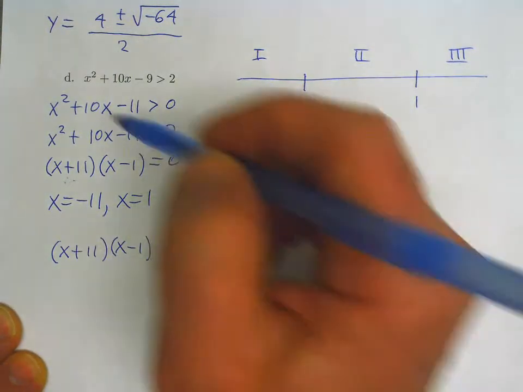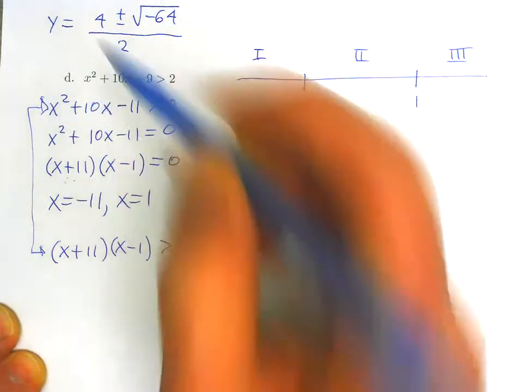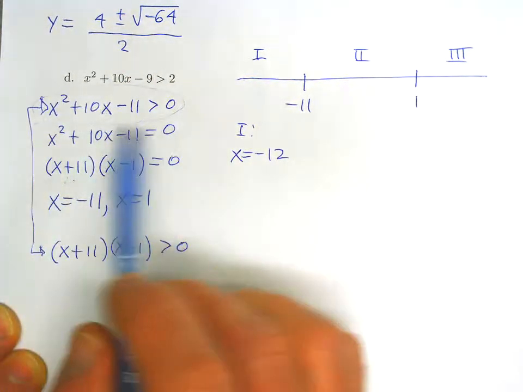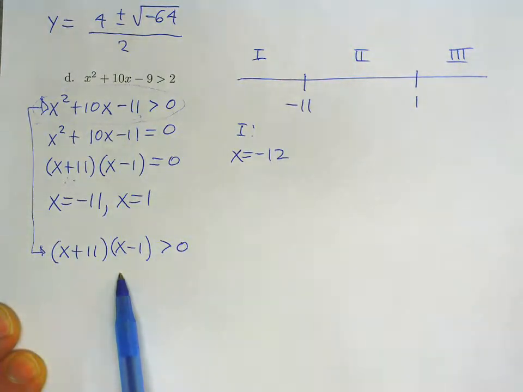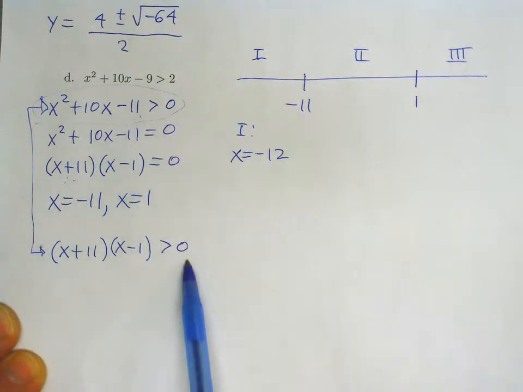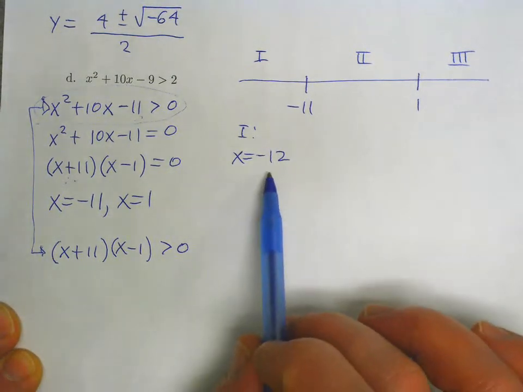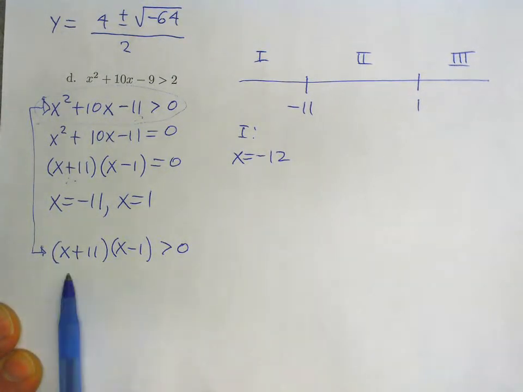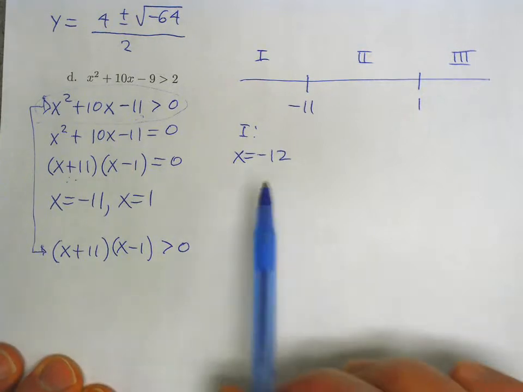So this is what we would get if we just factored the left-hand side of this inequality directly. The right-hand side is greater than 0. So if you want to use the factored form, it can be a little more convenient.